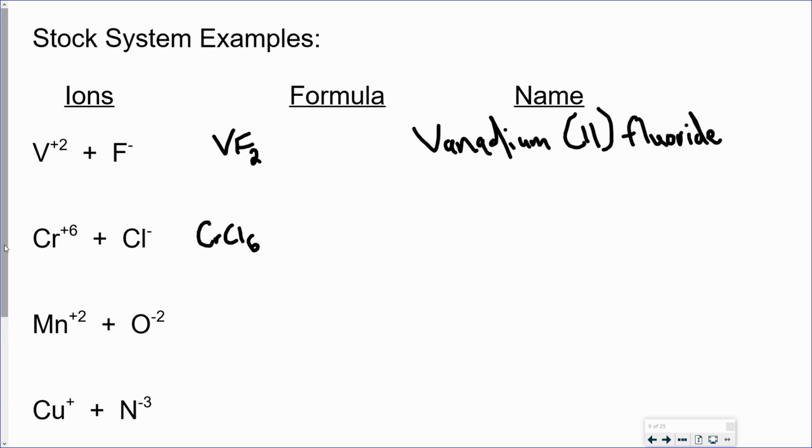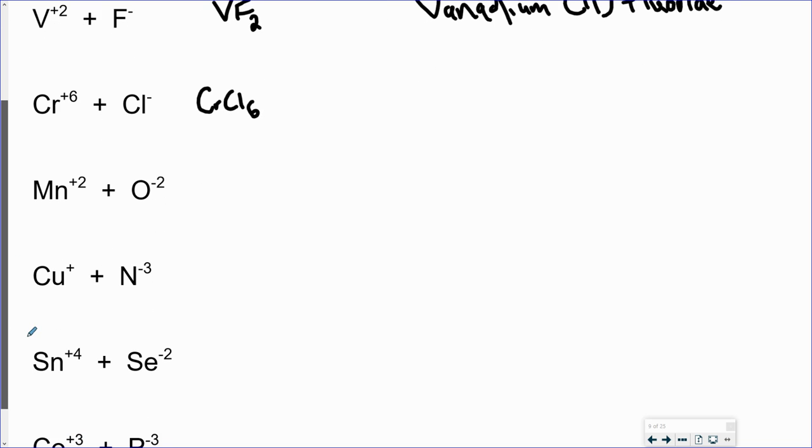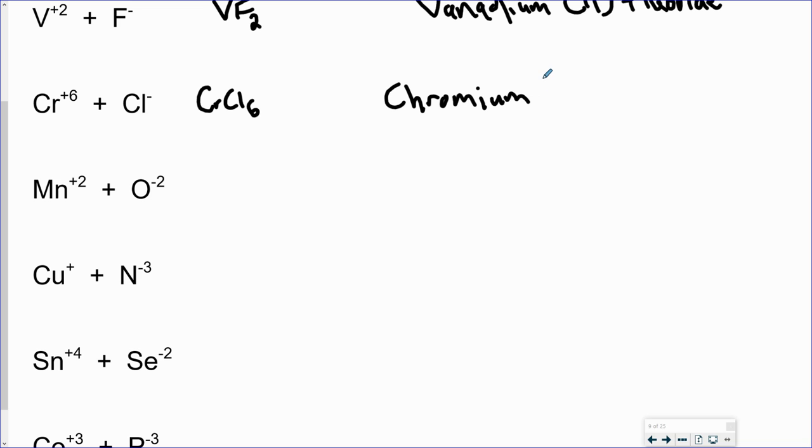For the next one, we're going to spell it out. So we have chromium. It has a charge of 6, so we put the 6. Remember, that's V, then the 1, and then chloride.